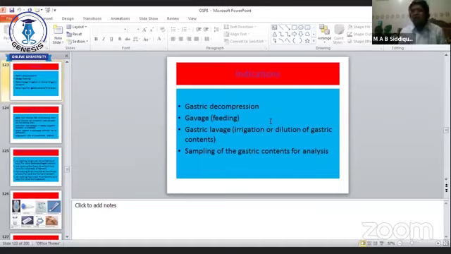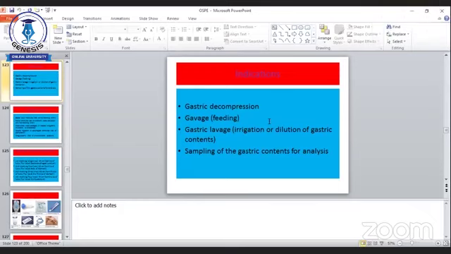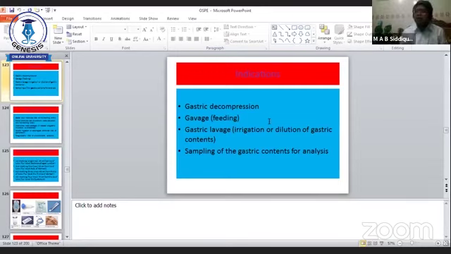In case of gastric surgery, especially gastric outlet obstruction due to pyloric stenosis, or gastric outlet obstruction due to carcinoma of the stomach, the stomach is usually hugely distended and edematous, and there is some sort of gastritis in the stomach.